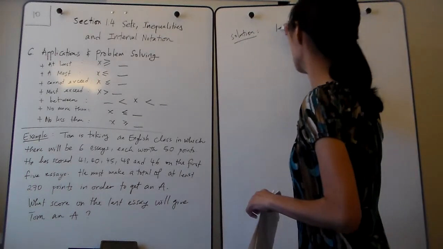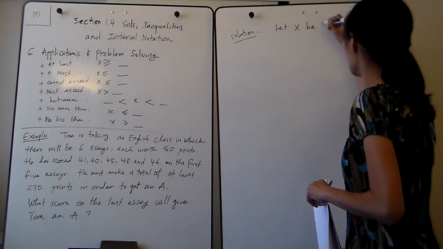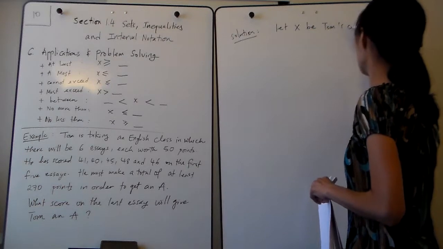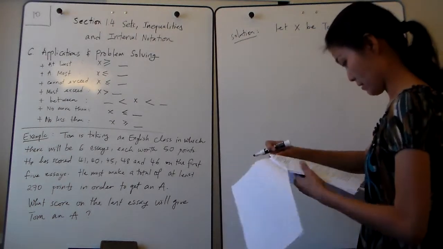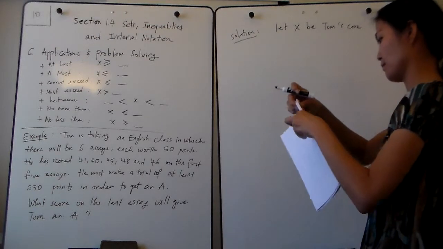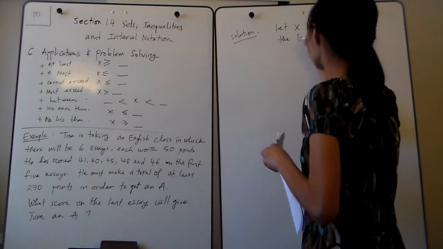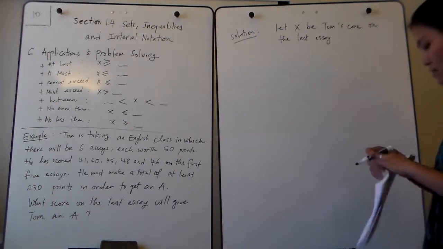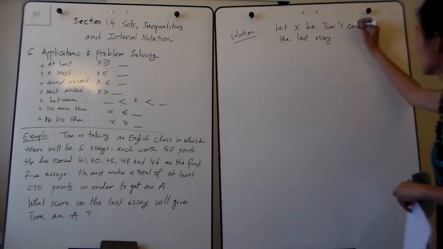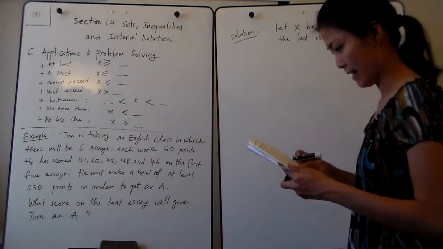You can say let X be Tom's score on the last essay, the last score in points.